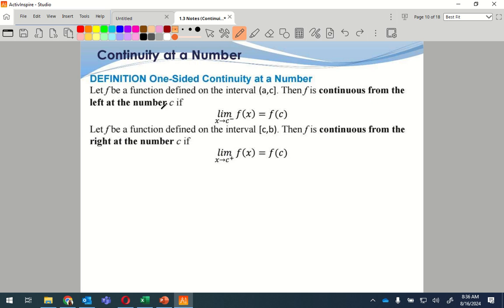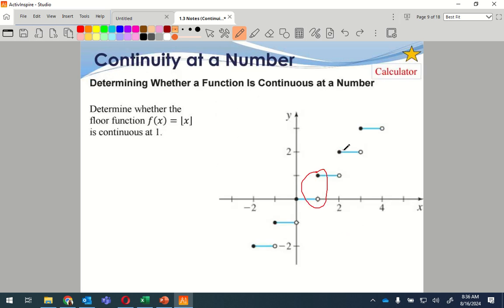f is continuous from the left at number c if the left side limit is equal to the function. So it doesn't matter about the right side. Let f be a function defined on the interval [c, b), and f is continuous from the right at a number c if the right side limit is equal to the function. Now I'm going to go back to the previous graph right here.